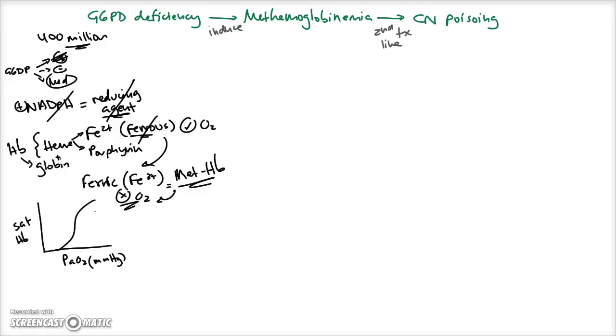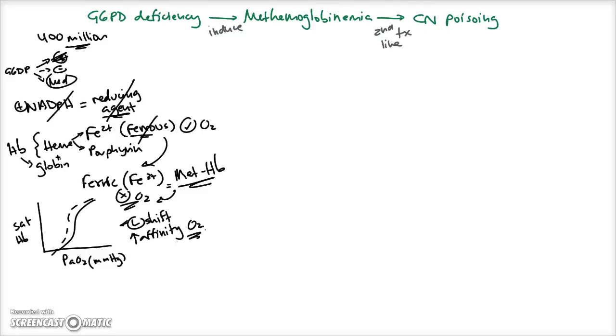And let's say, for example, in our normal state, we have a curve that looks like this. Well, with methemoglobin around, there tends to be a leftward shift, which is going to be pushed in this direction. And a leftward shift means that we've increased our affinity for oxygen, which means that the hemoglobin that's around says, listen, there is very little of us functioning hemoglobin around, which means that since there's such few of us left, all of us need to band together and hold on more tightly to oxygen.